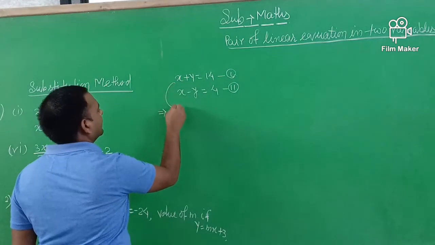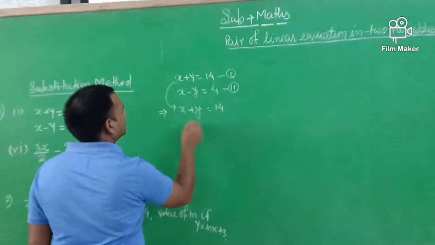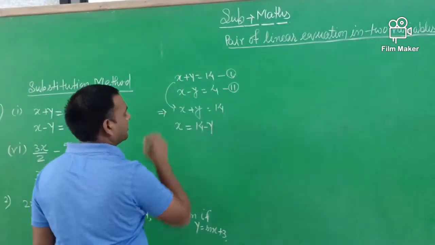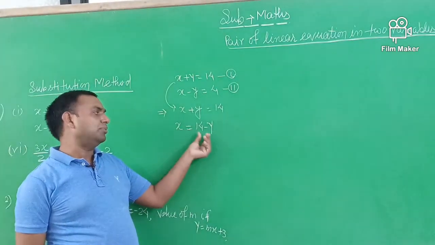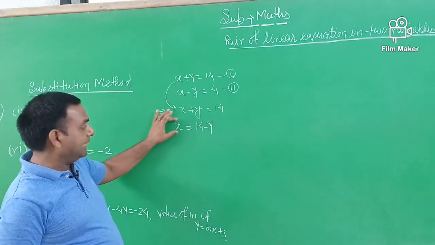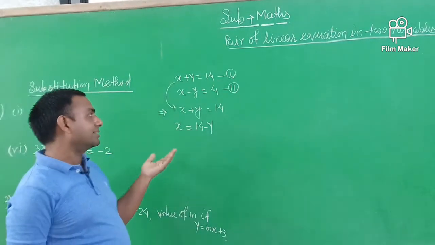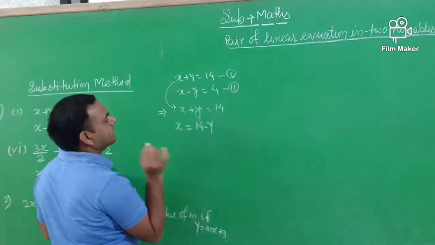Here you see that x plus y is equal to 14, so you write that x is equal to 14 minus y. Because the substitute of x is equal to 14 minus y, it is called the substitution method. I put this value in equation number second.